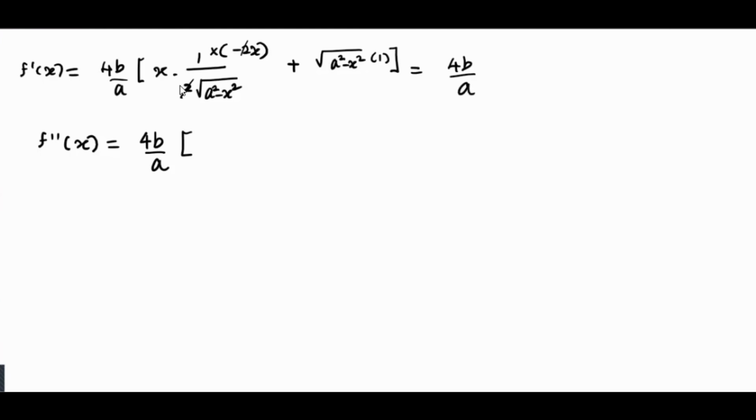So 4b by a, into, I'm taking the LCM here, the whole root of a square minus x square, and on top of it we have minus x square plus a square minus x square. This would be minus 2x square plus a square.